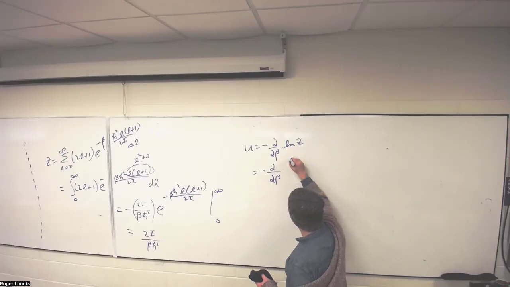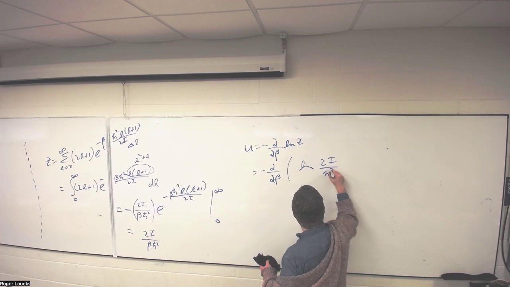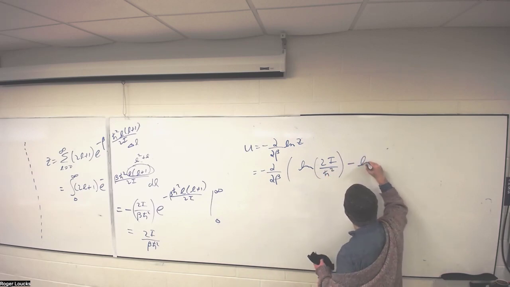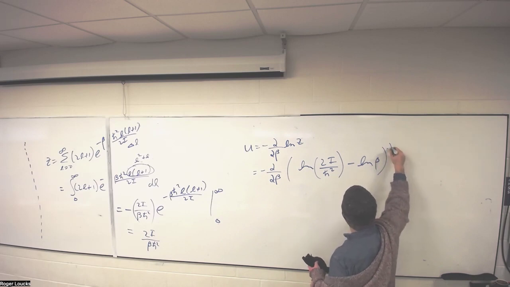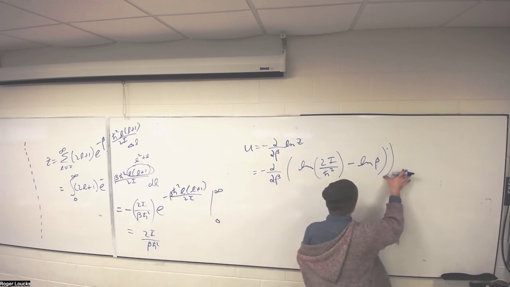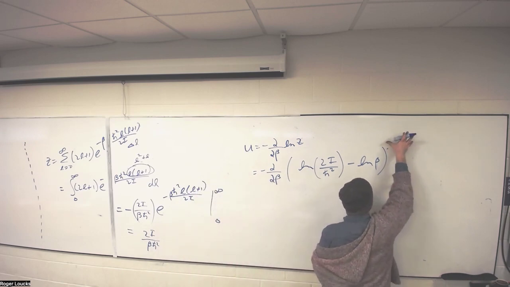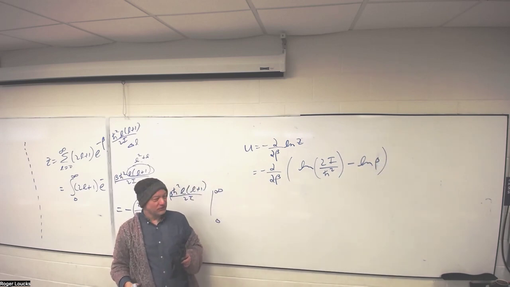Write this as the log of 2I over h bar squared minus the log of beta. What does that give me?